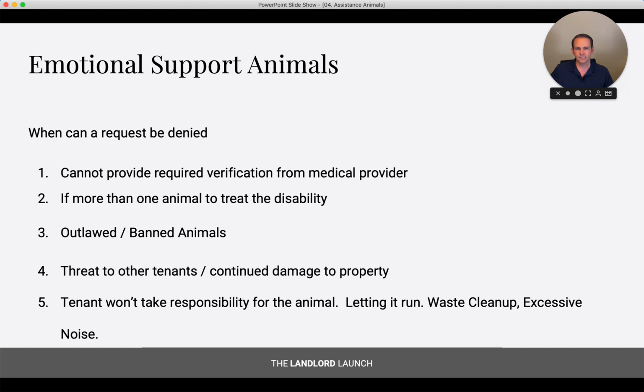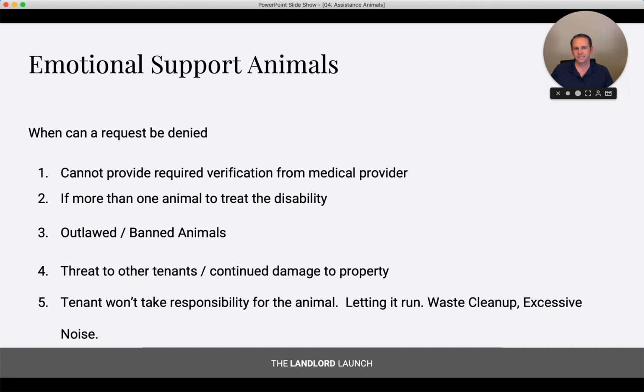That is considered unreasonable and it will not be covered under the Fair Housing Act. If it is a threat to other tenants, or if it continues to damage property, that is one thing that you can then ask a tenant to move on for.